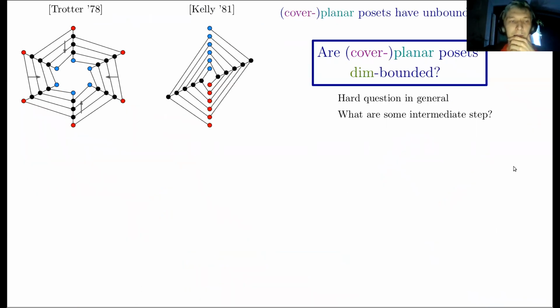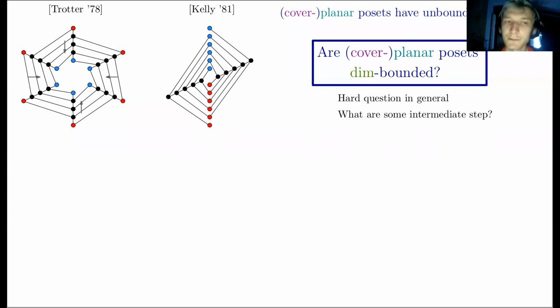So here I just repeated these two constructions, our main question, and an observation that this question is hard in general. So maybe there are some intermediate steps we can take, and we can prove something less, because at first glance it's not clear what these intermediate steps could be.